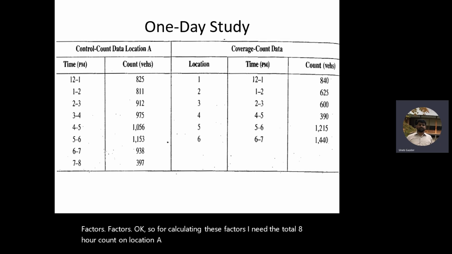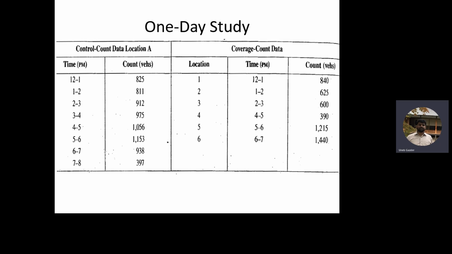Give it to me. Total. How much is the total? $7,067. Okay.